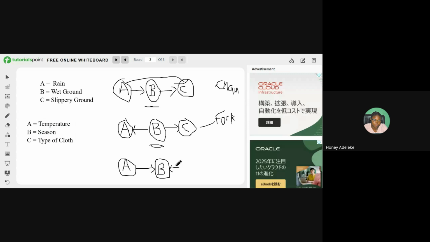Then you have, this is C. Okay, so this will be a collider. This is how a collider will look.